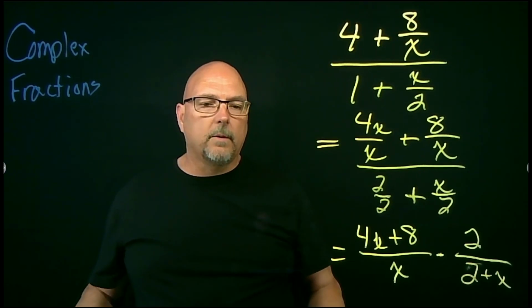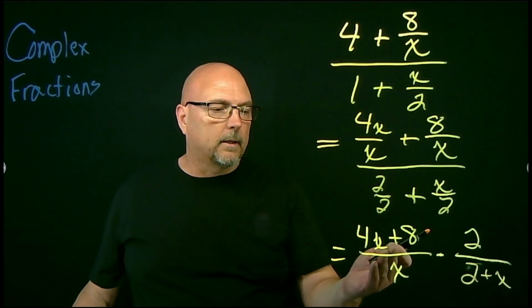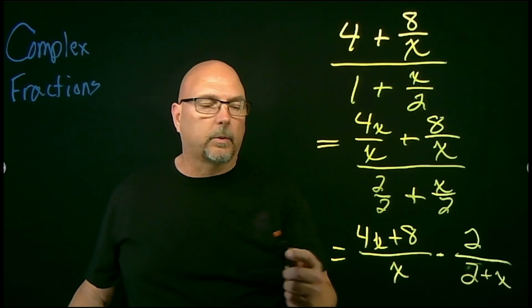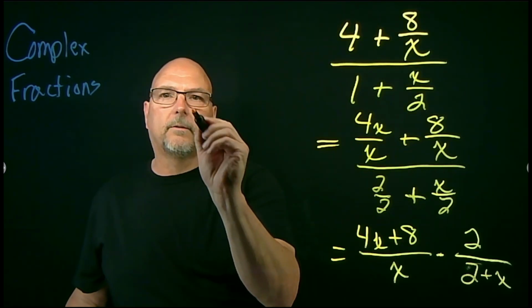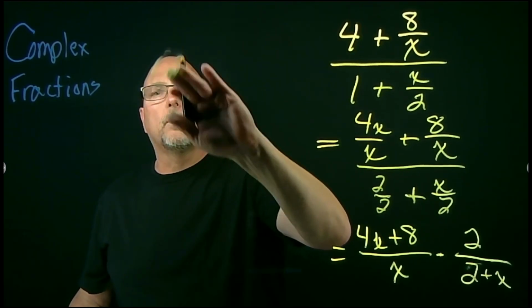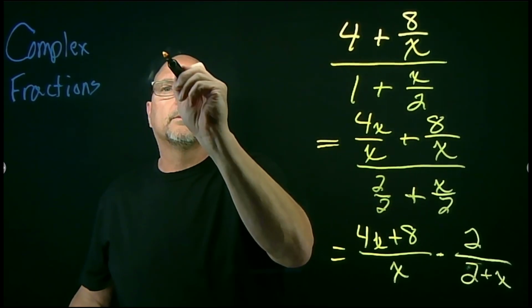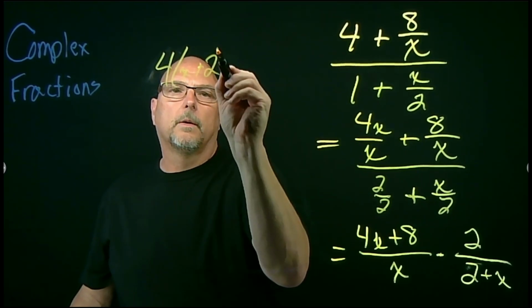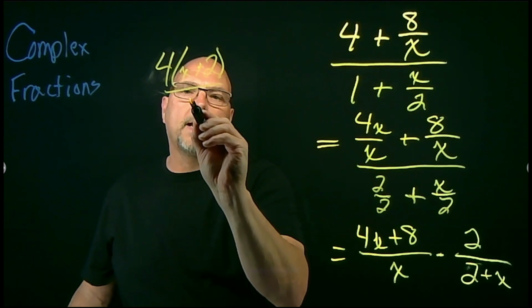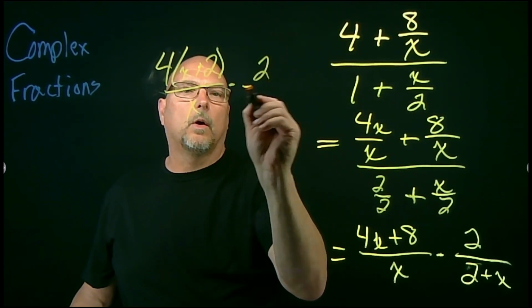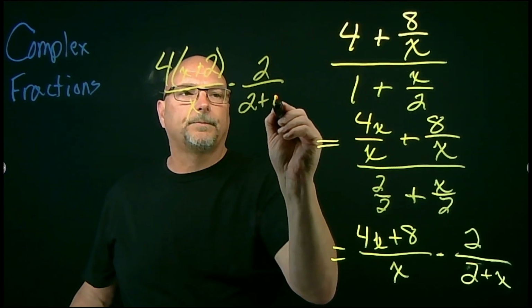So when you reciprocate, I notice 4x plus 8 would factor. That would now be 4 times x plus 2, all over my x times 2 over 2 plus x.